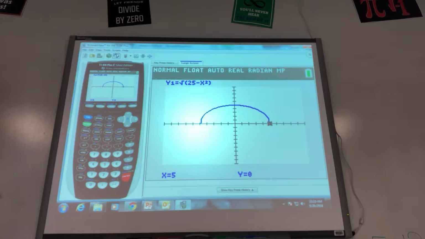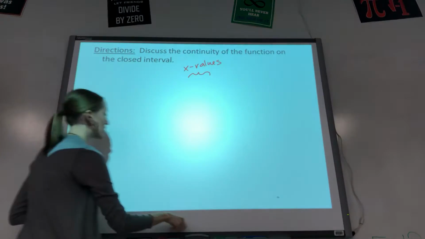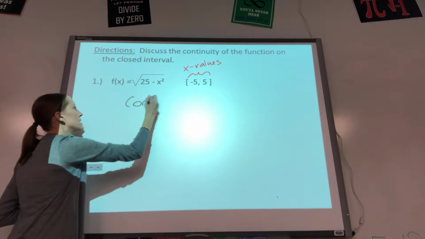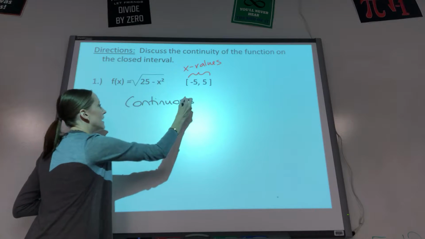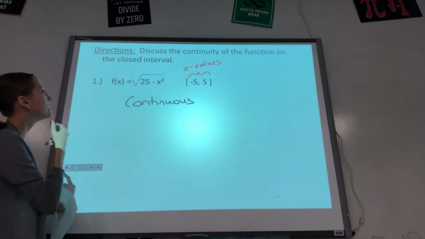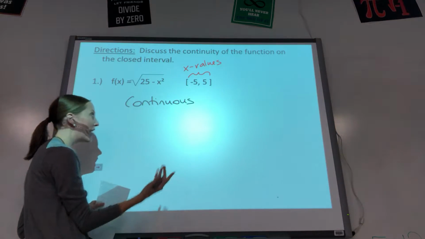So I would say on this first example that this function on that interval is continuous everywhere. Now, I guess since they gave us an interval, we might want to be careful about using the word everywhere.